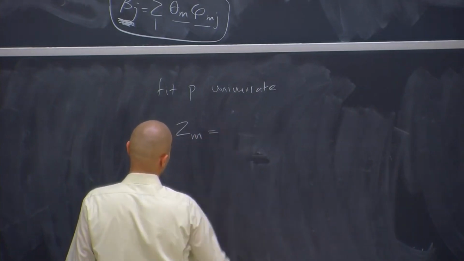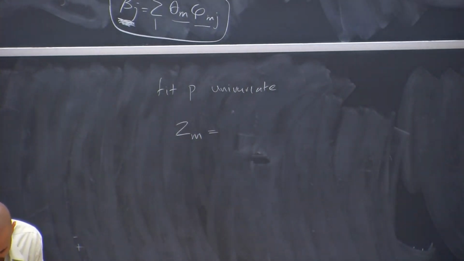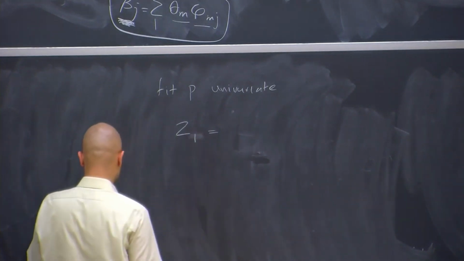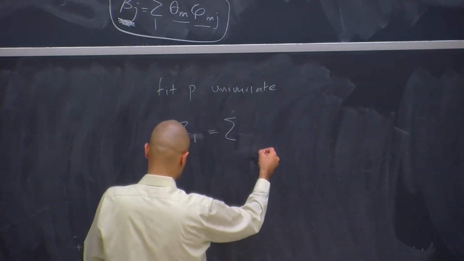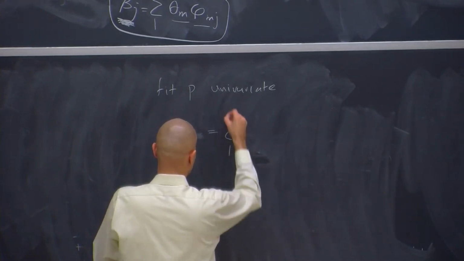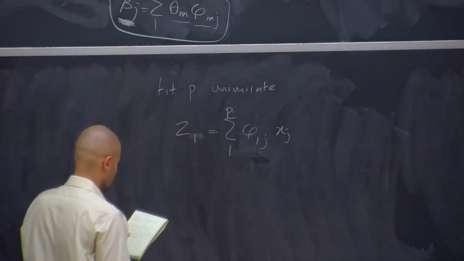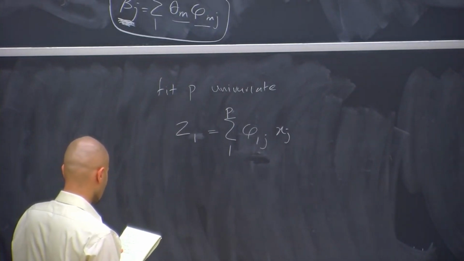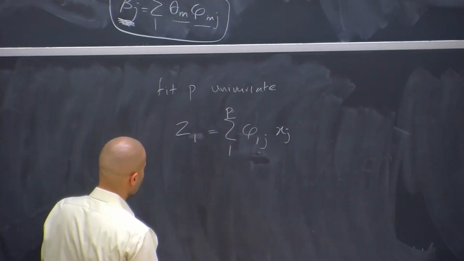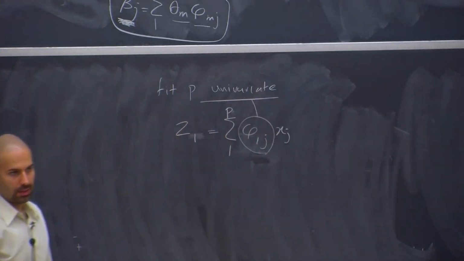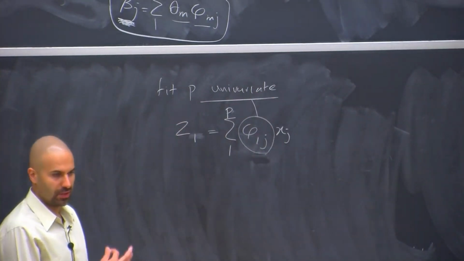So with PLS, this is the formula for Z_m. For example, for Z1, it's going to be something like this, where this comes from these univariate regressions. In this sense, it is a supervised way of reducing the dimensions.